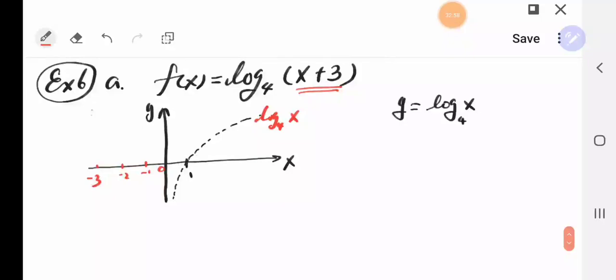And -3 is the vertical asymptote, because we are shifting 3 units to the left. So everything moves 3 units to the left. So the graph will be something like this. And the y-intercept is when x equals 0, we get the y-intercept. So x equals 0, then this is the logarithm base 4 of 3, this part.